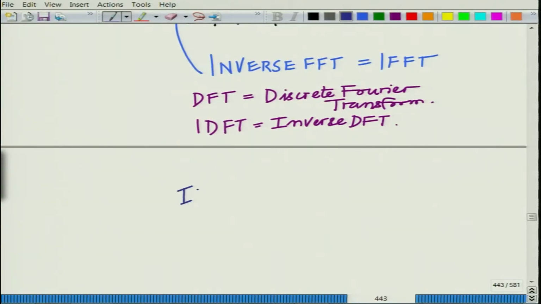So, FFT and IFFT, and we look at applications of these.